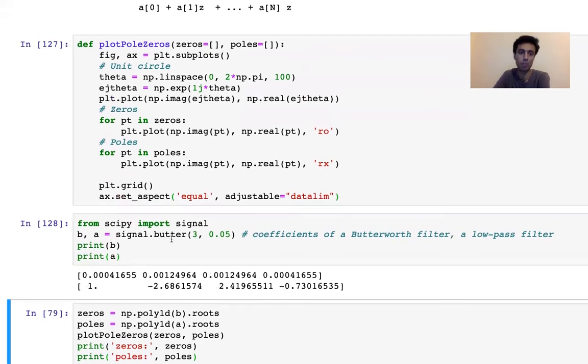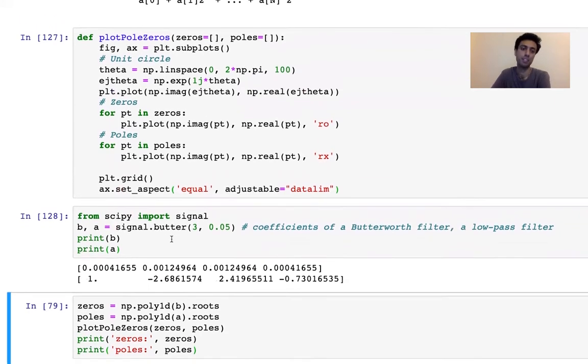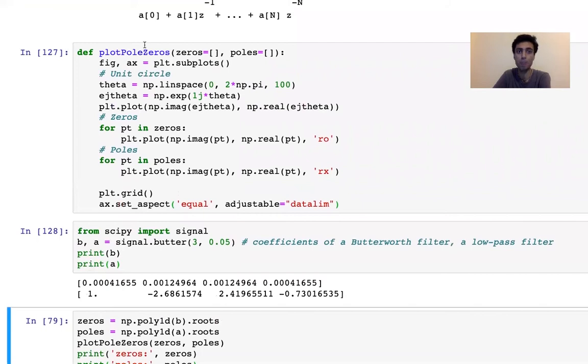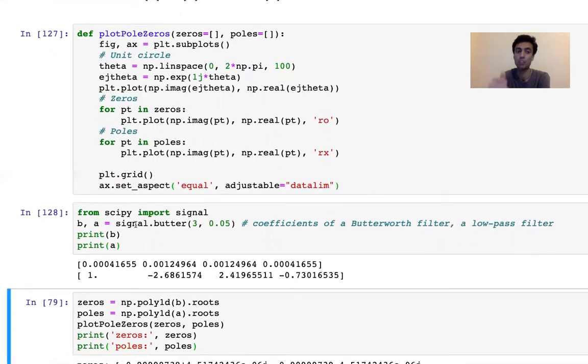Now I want to plot the pole zero diagram for this transfer function. How do I do it? First of all, I remember the inputs of my pole zero plotting function are zeros and poles, and these are not zeros and poles, these are the coefficients, right? So from the coefficients I have to extract the zeros and poles. What do I do? Simply convert them into a polynomial and find the roots of the polynomial.